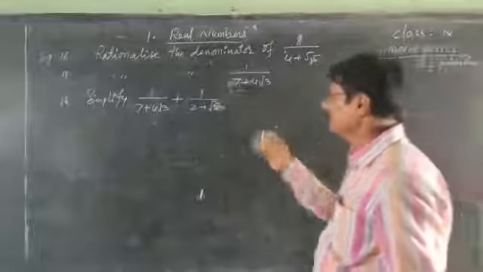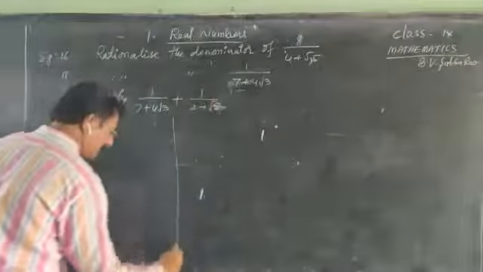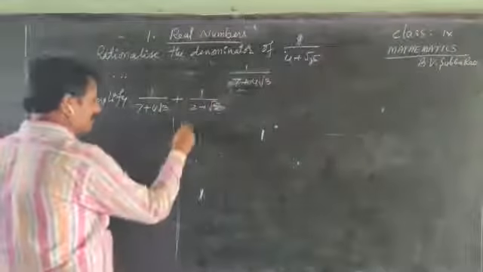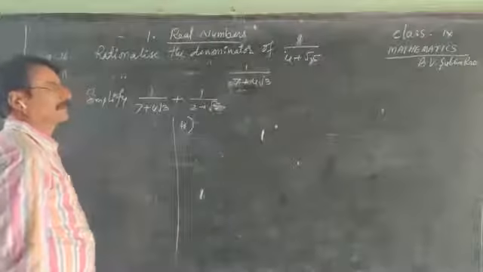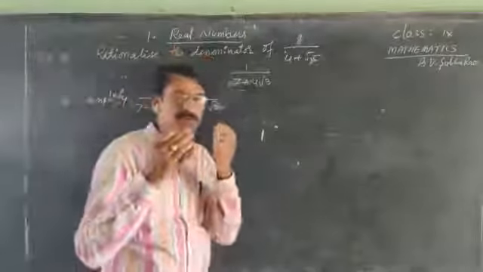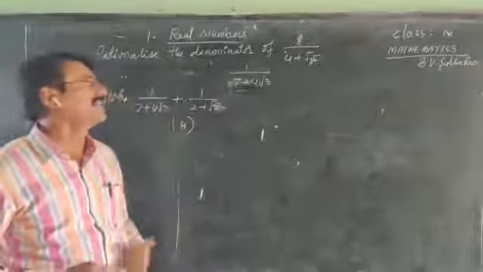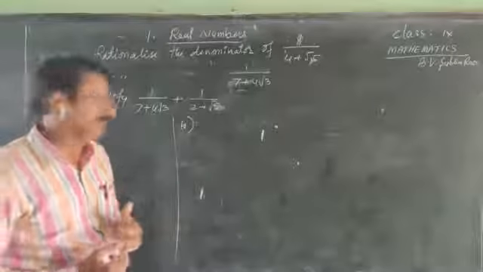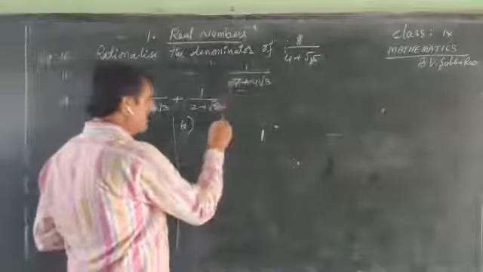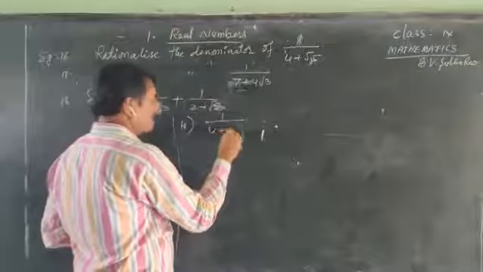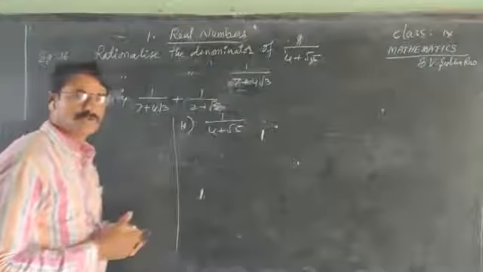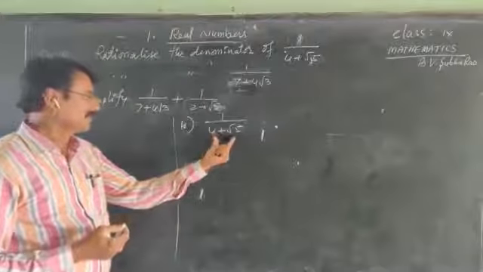Now to explain the 16th example, you observe it. First, we have to write a rationalizing factor. Simply it is called RF. What is the given fraction here? 4 plus root 5. Okay, the denominator is 4 plus root 5.